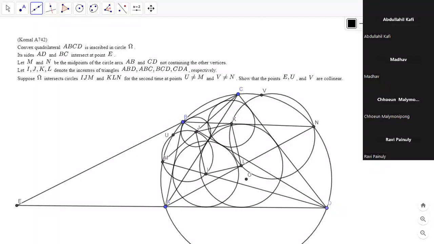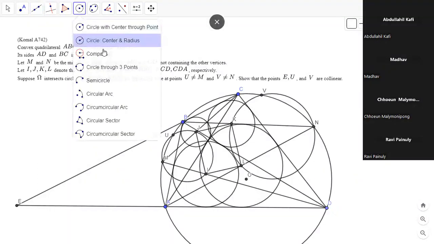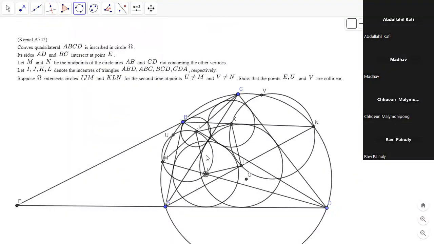So can we show, because we know BCJK is cyclic. Maybe we could use the radical axis theorem because obviously the rectangle's cyclic, right?